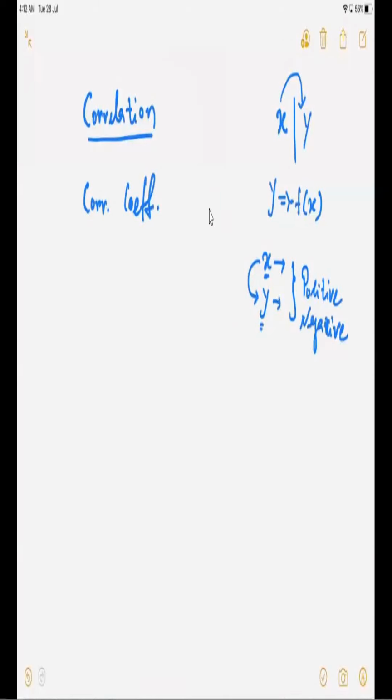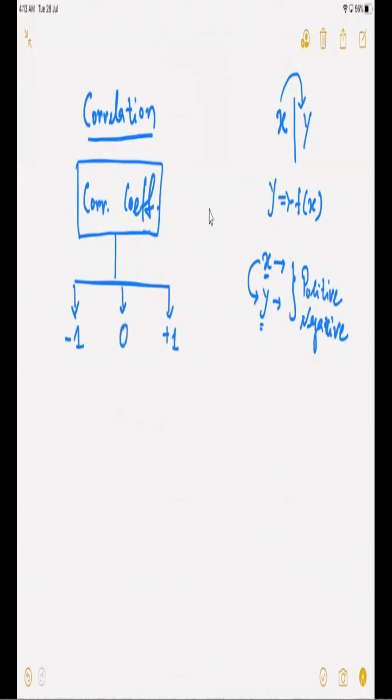What is correlation coefficient? Correlation coefficient in short will define what is the relation between two sets of values or two variables in short. Now, the correlation coefficient can return three significant outcomes. All the values of correlation coefficient will range between -1 to +1, and it can also be 0.